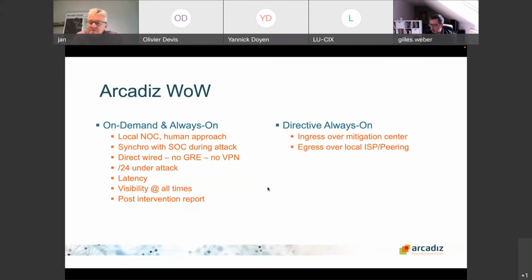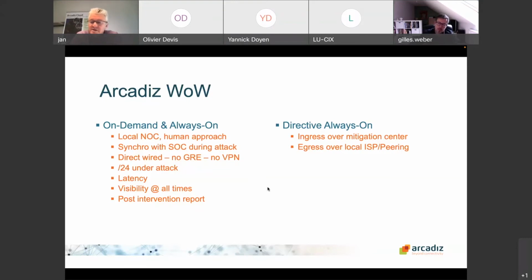We do this on a direct wired system, so we do no GRE, no VPN, no tunnels. We only reroute those elements of the /24 which are under attack. And thanks to that, our way of working makes sure that the latency is very good. The customer has visibility at all times. He can speak with our engineering during the attack, and after the attack, there will be a post-intervention report of the attack itself.